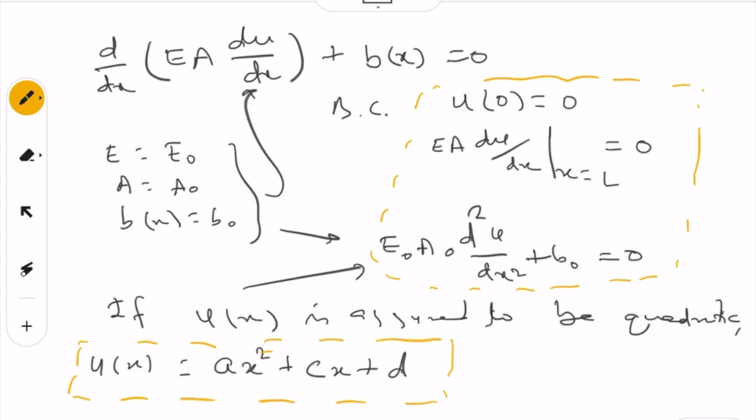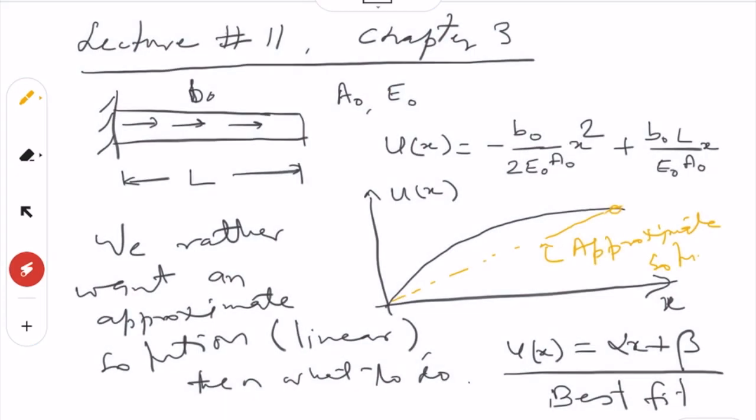If you assume u(x) to be of quadratic form, u(x) equal to ax square plus cx plus d, then you can exactly find the solution, and the solution will look like what we got earlier.